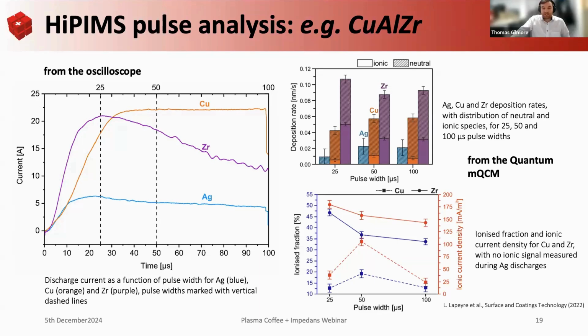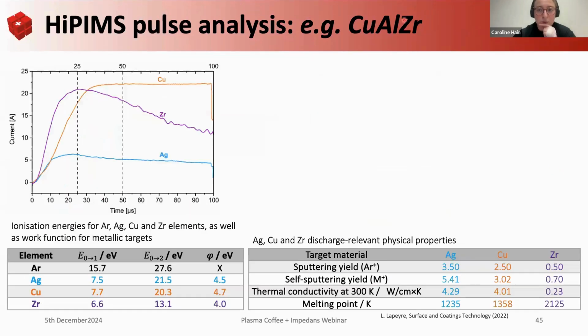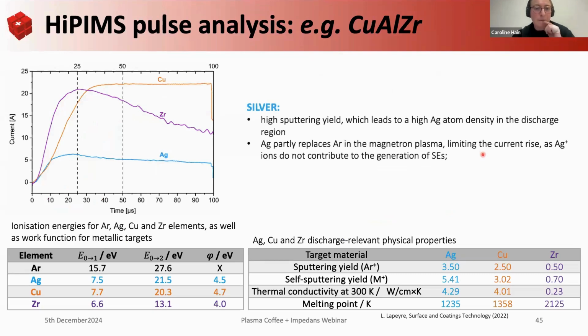Oleg asks: showing that silver creates much fewer ions arriving at the surface than copper, was this an expected result? We have the silver data. We have high sputtering yields for silver, so we have a high density of those atoms in the region.